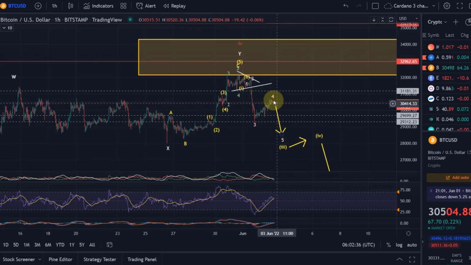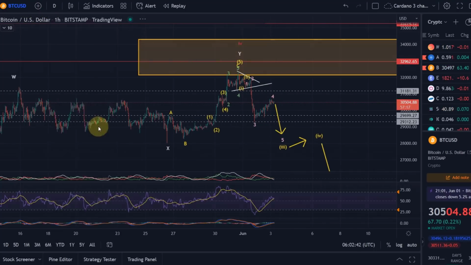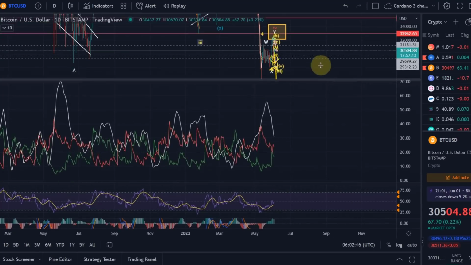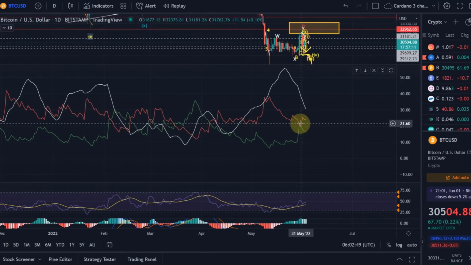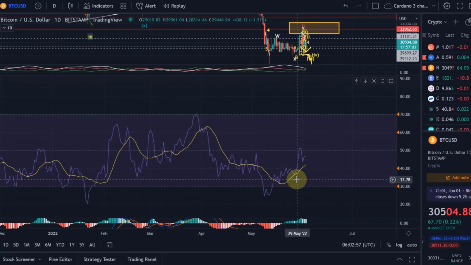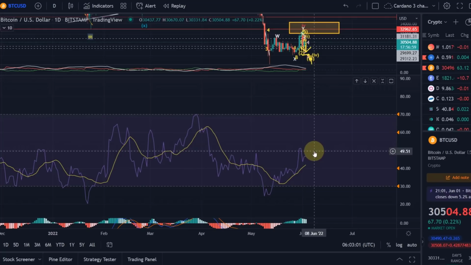This is a key decision point now. It's a key decision point because of that 50% Fibonacci retracement level, but also on the daily chart, very meaningful. If you look at the indicators, we still have a short signal here on the daily. A bullish crossover was prevented, which means a lot. But what is more relevant is that on the daily chart, we have not come above the 50 level yet.